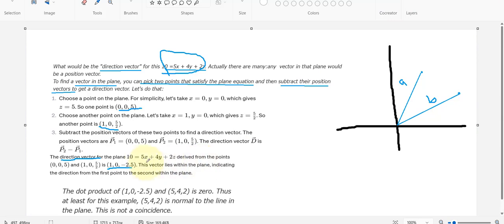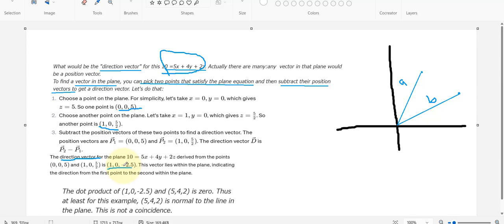Okay, and then once we have that, our claim was that we can still do this trick of taking the coefficients of x, y, and z from the plane equation, so 5, 4, 2, and if we dot that with our direction vector, then that is going to be 0.